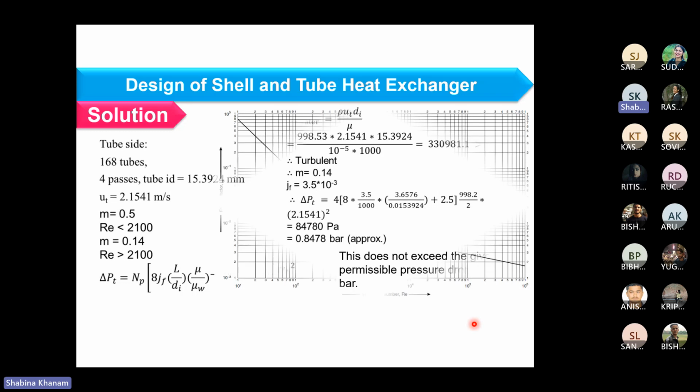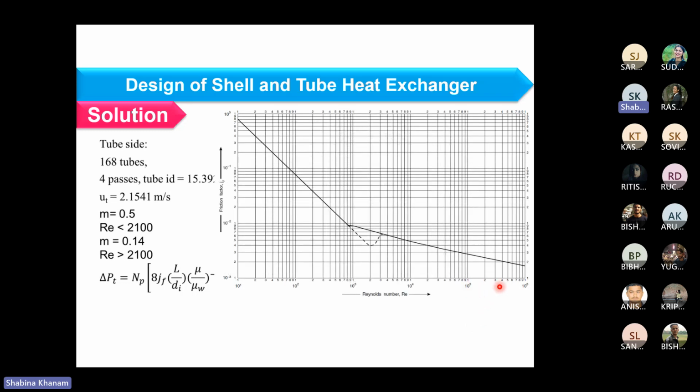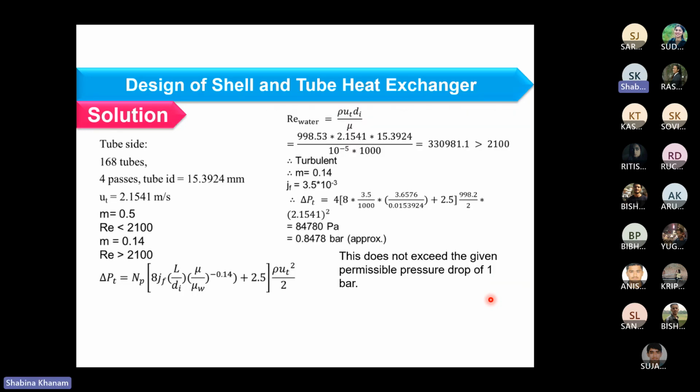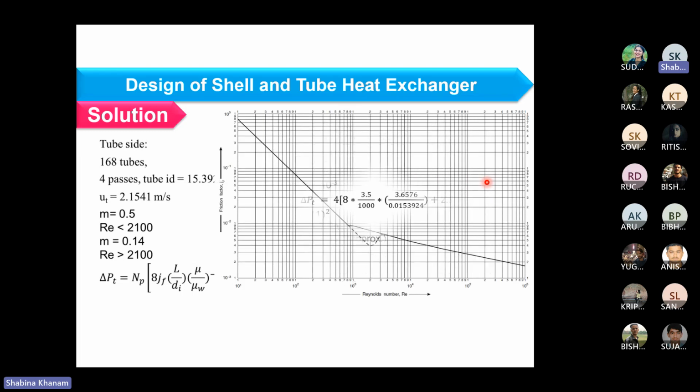3.3 times 10 power 5. If you see this Reynolds number, you can use this graph. 3.3 is somewhere over here.